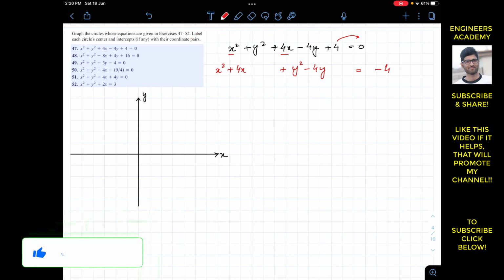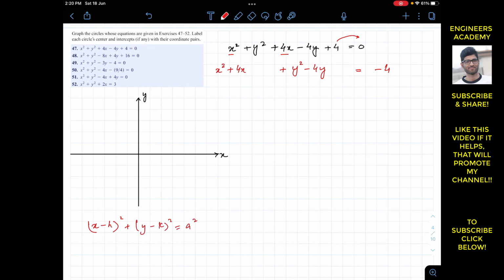Now we need to make x square plus 4x a complete square, converting it into x plus a constant, square, or x minus a constant, square, in order to compare it with the standard equation, (x minus h) square plus (y minus k) square equals a square.